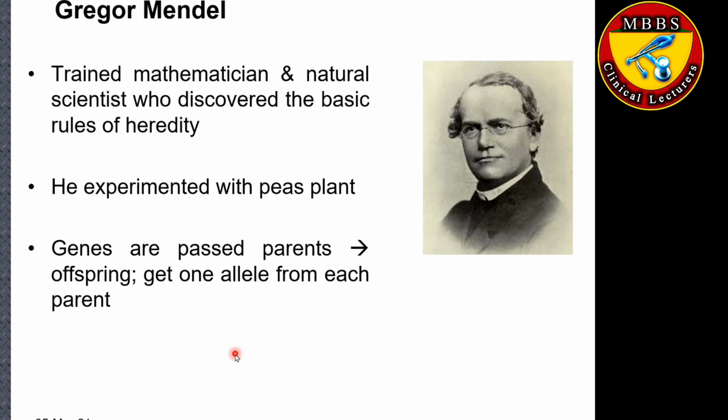So it is called Mendelian inheritance, and the disorders following this pattern are termed Mendelian disorders. Under Mendelian disorders, we have autosomal dominant, autosomal recessive, and X-linked disorders.